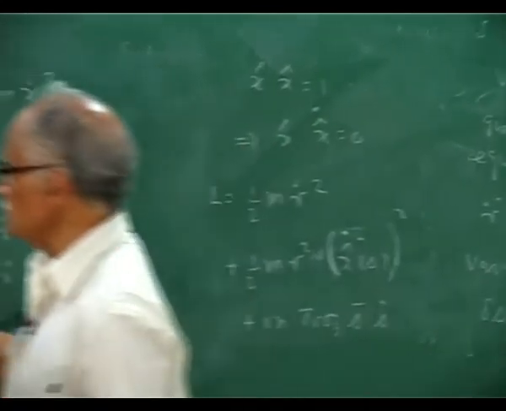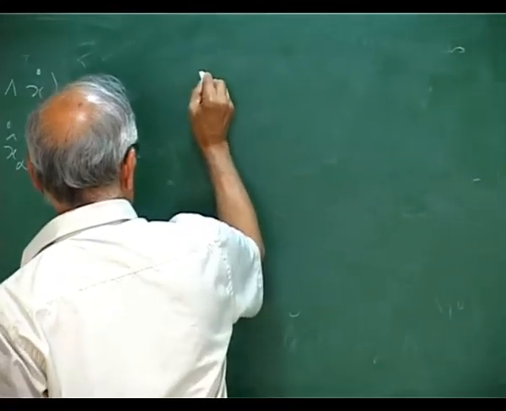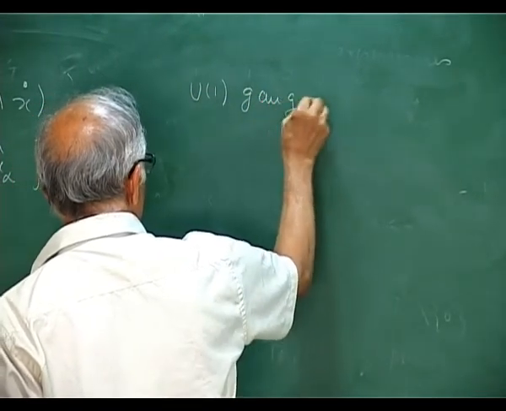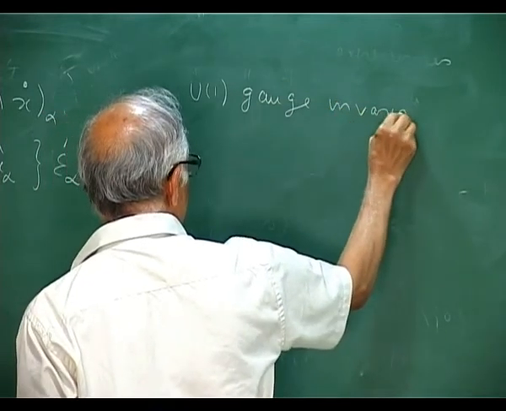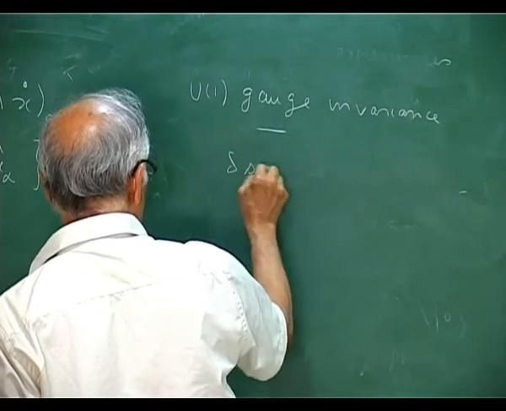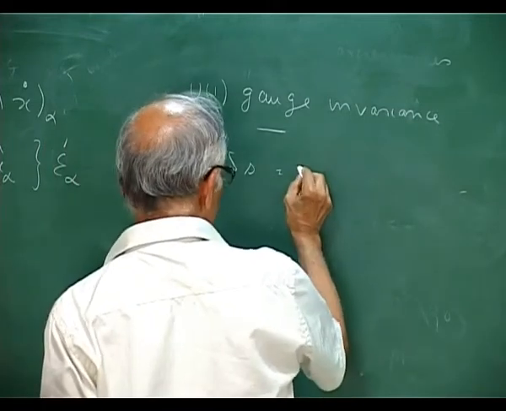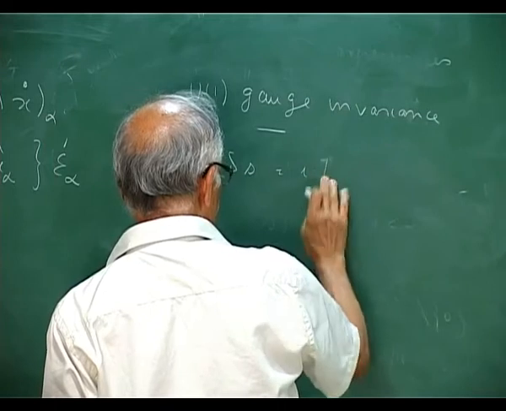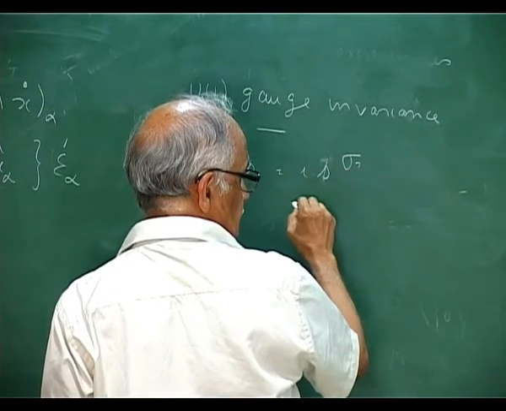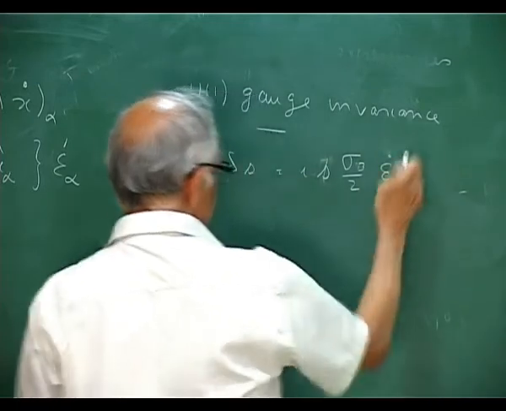In particular, there is a gauge invariance. Namely, if I change S on the other side, I vary this by sigma 3 over 2 times some epsilon dot epsilon.